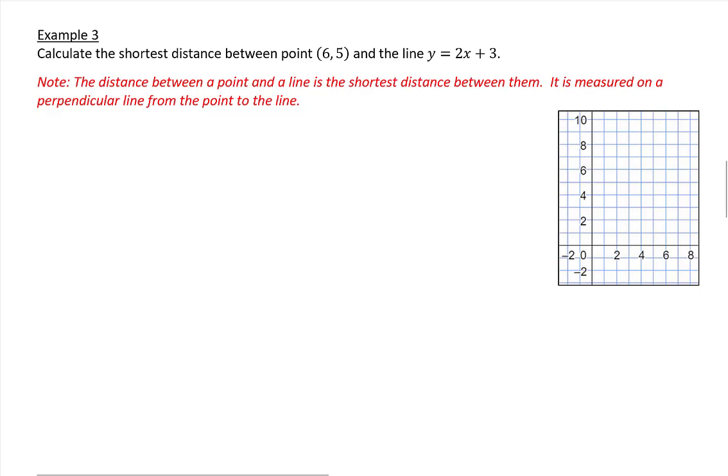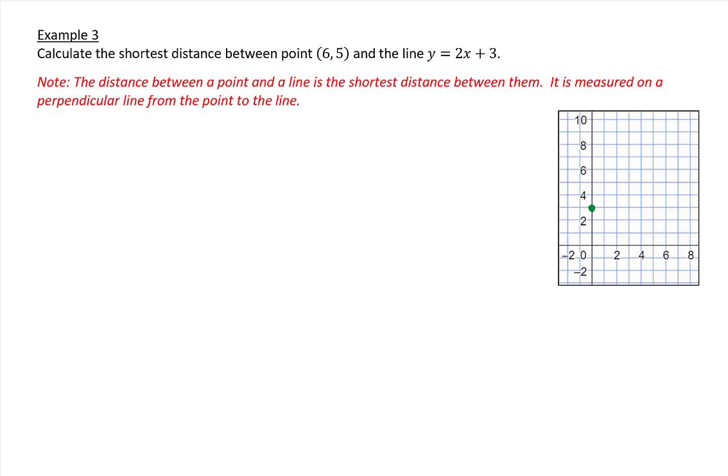Last example. Calculate the shortest distance between point (6, 5) and the line y equals 2x plus 3. So first, let's draw the line y equals 2x plus 3 and add the point (6, 5) to our graph. So remember, 2x plus 3 means we start at the y-intercept of 3, and we have a rise over run of 2 over 1.